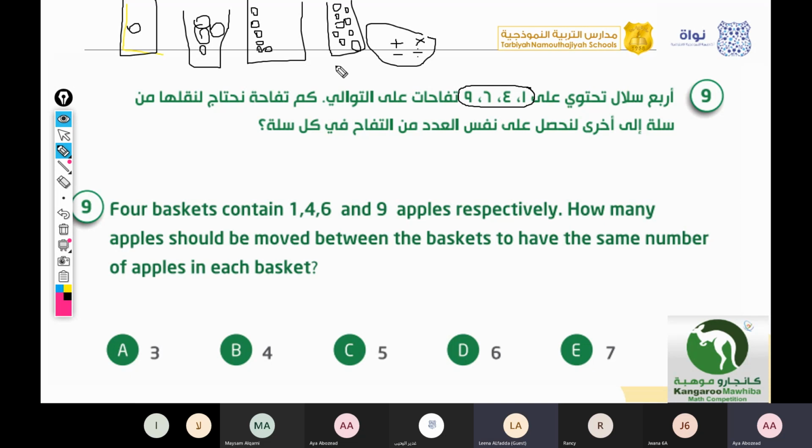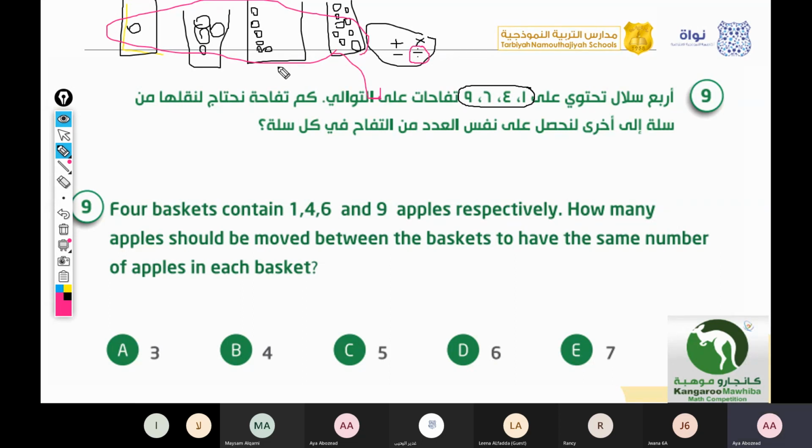So which sign will we use for the word distribute? Divide. Yeah, you can answer, of course. So we will divide. Divide what, teacher? I will collect all of them. Let's take all the apples out and divide again. All the apples equals how many?